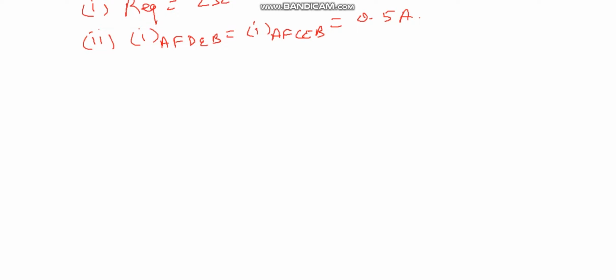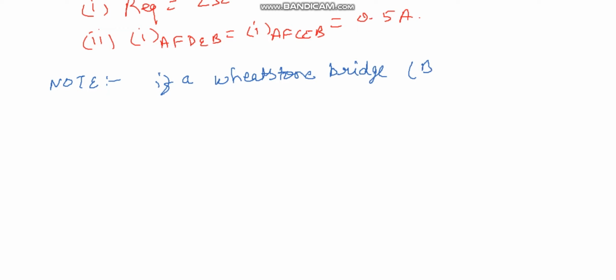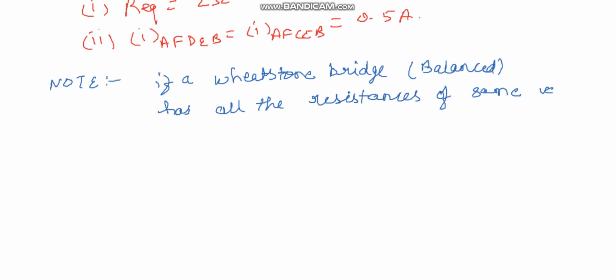One thing I would like to note here: if a Wheatstone bridge is balanced and has all the resistances of the same value, then the equivalent resistance will also be equal to any one resistance.